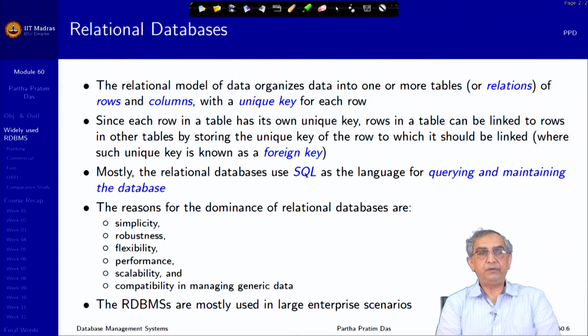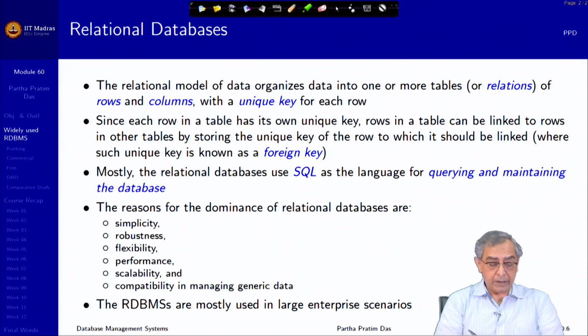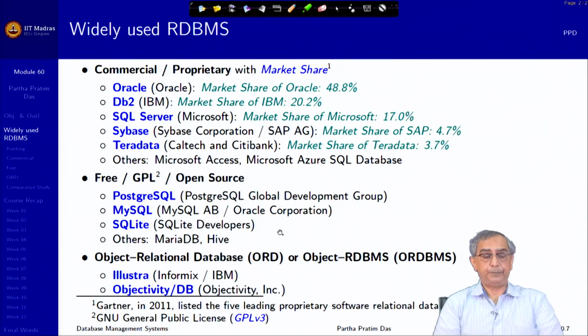One of the reasons for the dominance of relational databases, we will see the extent of this dominance soon, is properties like simplicity, robustness, flexibility, performance, and scalability to a certain extent, to the extent of enterprise requirement. We have seen the issues of scalability as well, and compatibility in managing generic data. And RDBMS are mostly used in large enterprise scenarios.